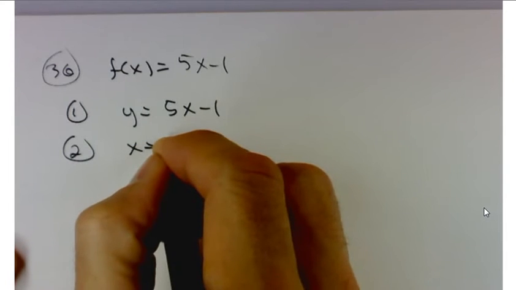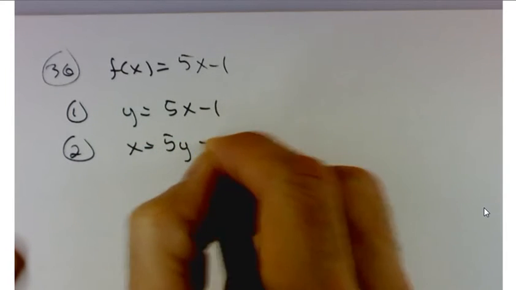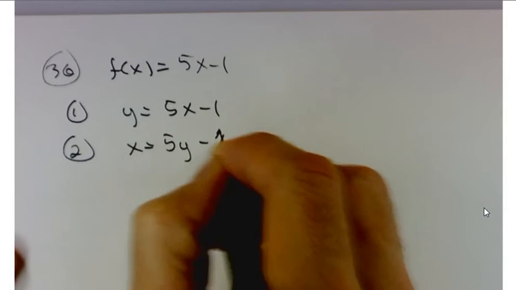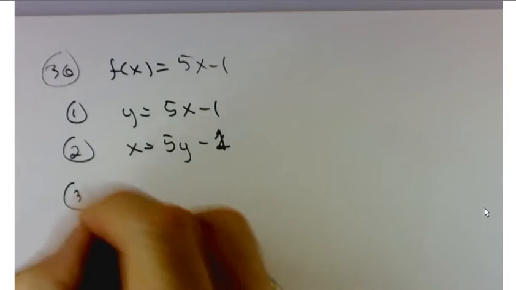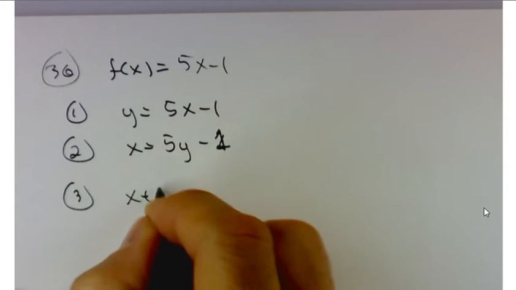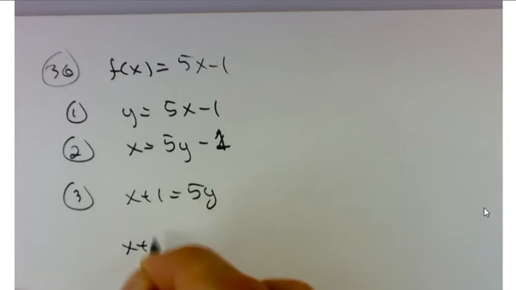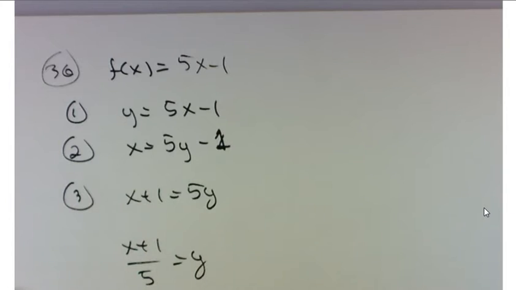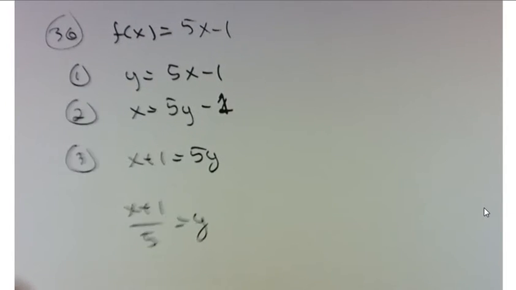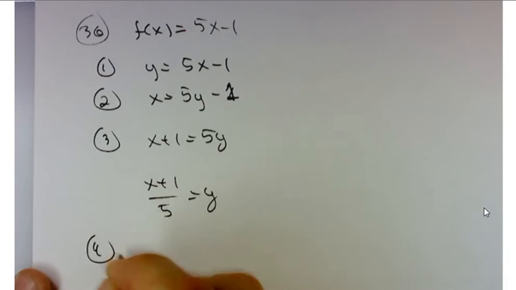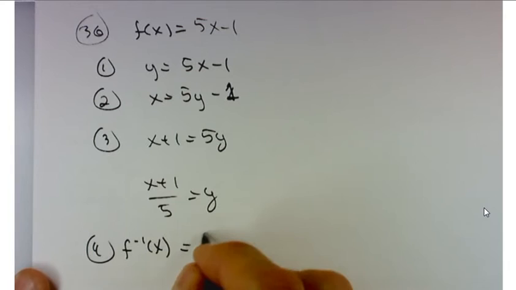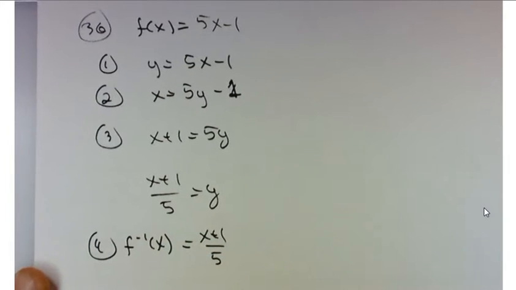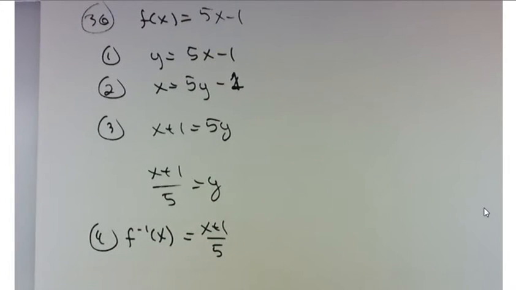All right, replace x with y and y with x. Then what? Solve for y. What should I do to solve for y? All right, add 1 and then divide by 5. And last but not least, please write that with f negative 1. So f inverse equals x plus 1 over 5. That's it.